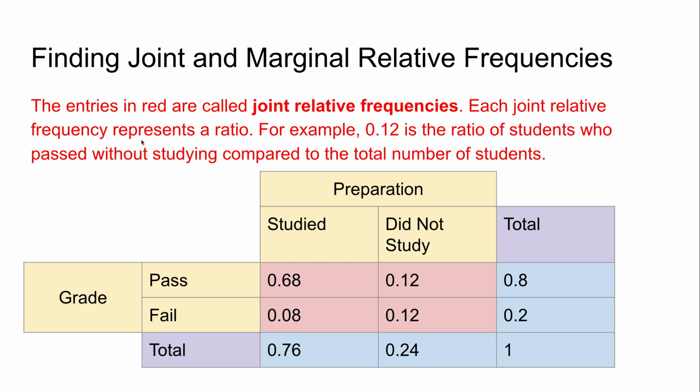Each joint relative frequency represents a ratio. For example, this 0.12 in particular is the ratio of students who passed without studying compared to the total number of students. Another way to say this is that 12% of students did not study and passed.